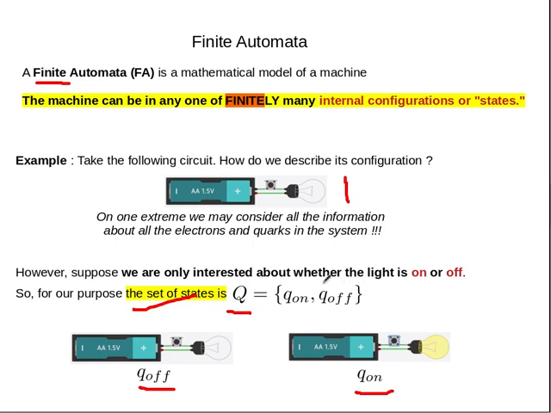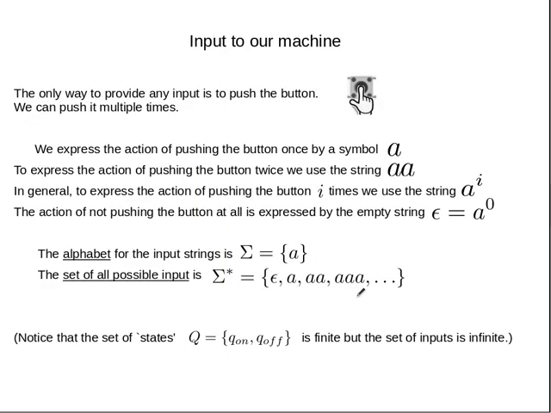That is what I mean by the machine can have finitely many internal configurations or states. So here you have just these two states, right? This is our machine.